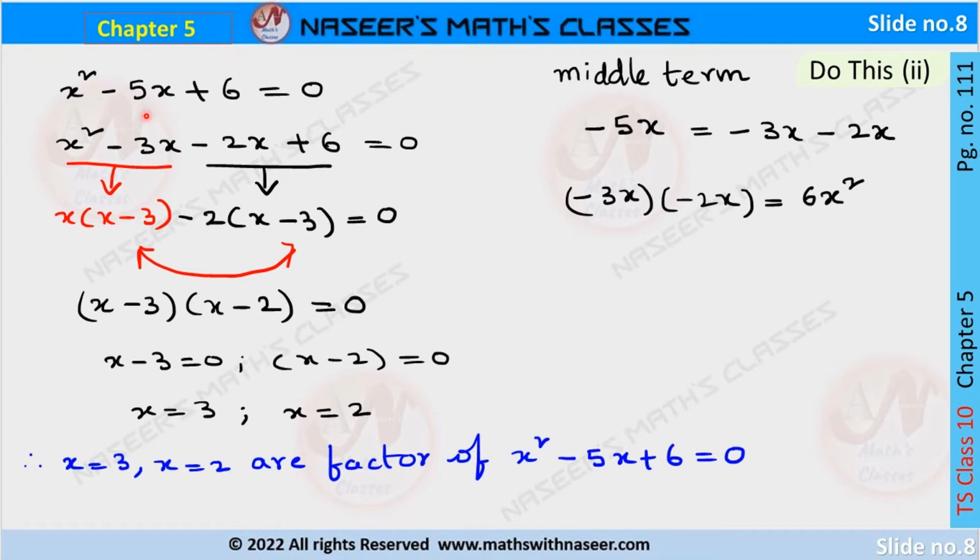So x square minus 5x plus 6 is equal to 0 is written as x square minus 3x minus 2x plus 6 is equal to 0. In the first two terms x is common, so we take out x common, then it can be written as x into x minus 3.